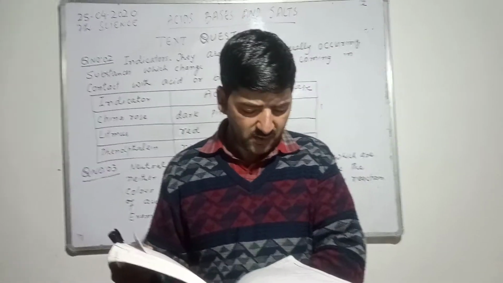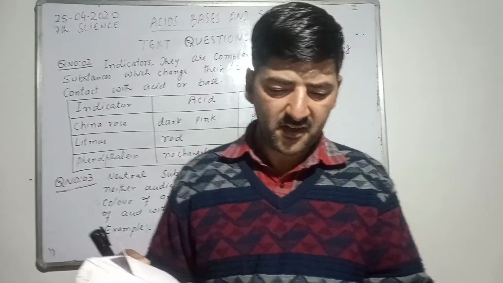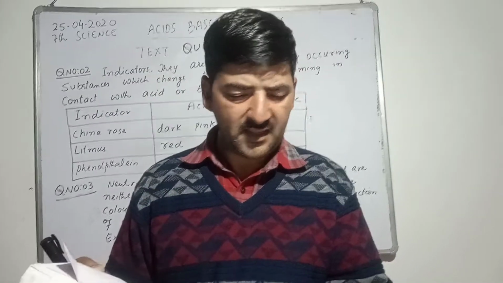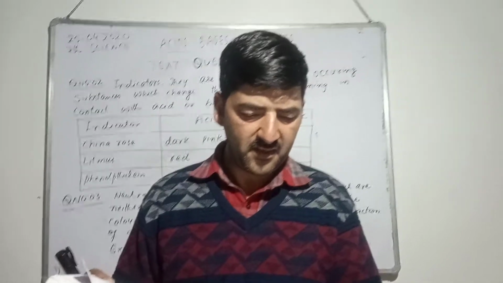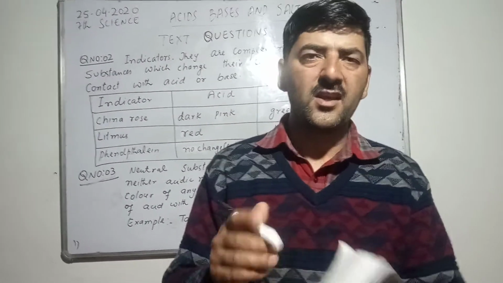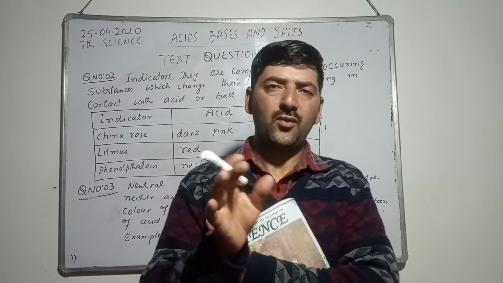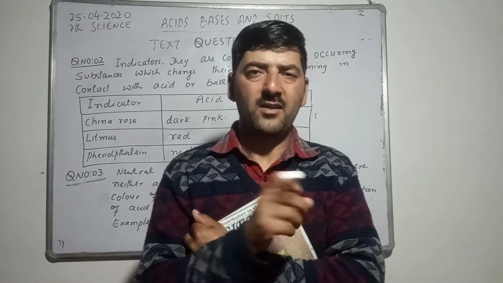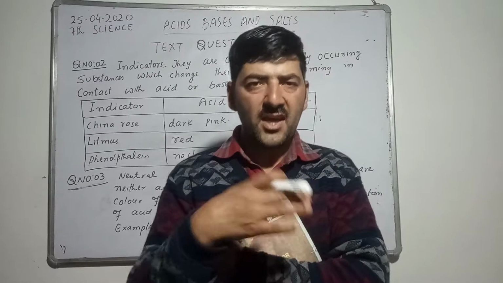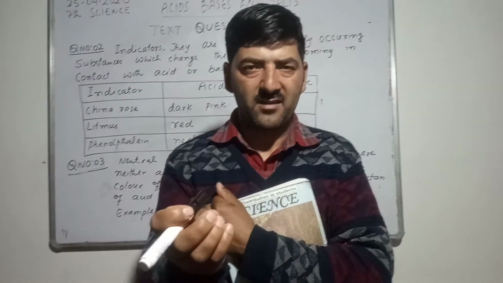Question number 2 is: what are indicators? Name any 3 indicators and state the color change which takes place in acids and bases. Dear students, indicators are those complex naturally occurring substances which change their color when they come in contact with acid or base.